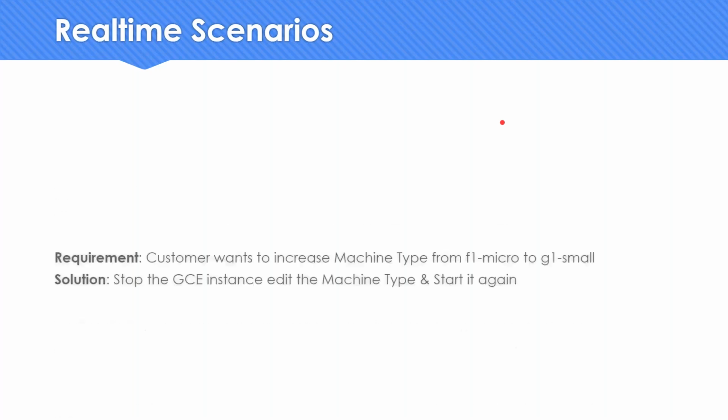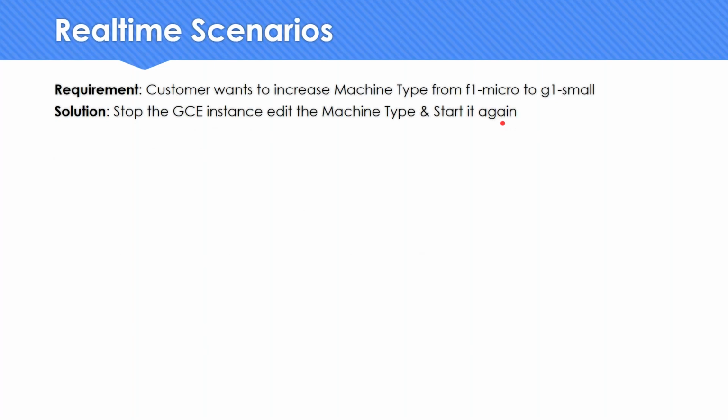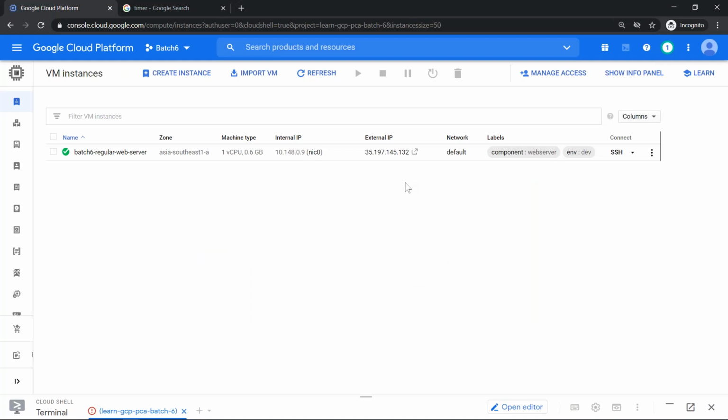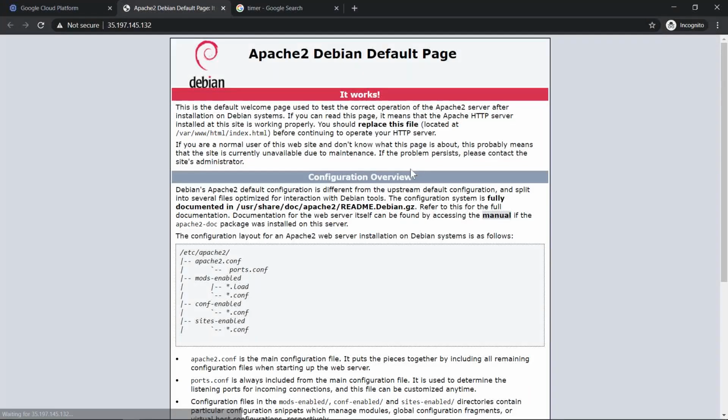The first requirement is the customer wanted to increase the machine type from F1 micro to G1 small. Let's use the same application which we ran, the Apache web server. Just pretend as if this is your application, folks.